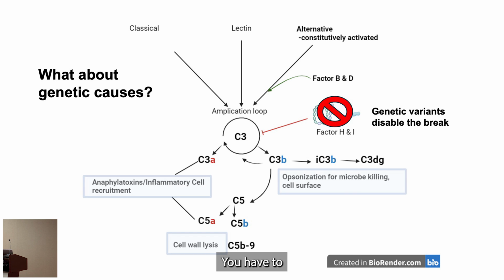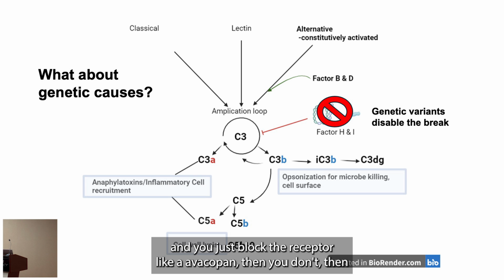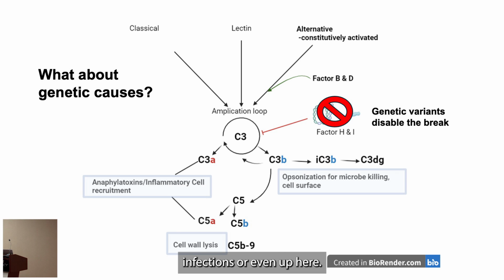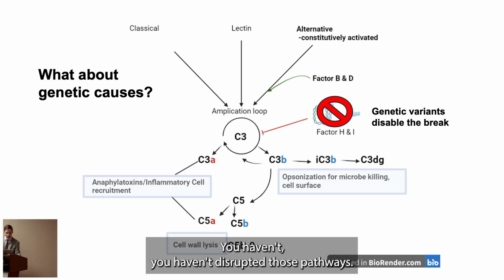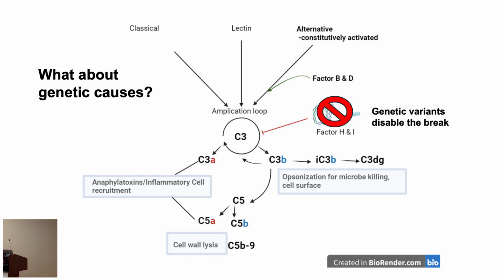If you're not stopping the production of this or this, and you just block the receptor, like avacopan, then you don't need to worry so much about meningitis infections. Or even up here, you haven't disrupted those pathways, and so maybe your infection risk isn't quite as high.